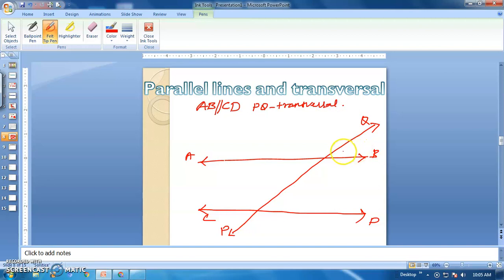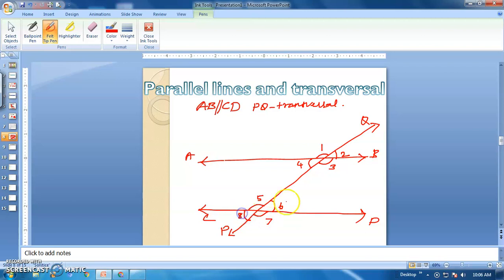Now how many angles are formed when the transversal passes through the two parallel lines? Look here. This one is the first angle, this one second, third, this one fourth, this one fifth, this one sixth, this one seventh, and this one eighth.